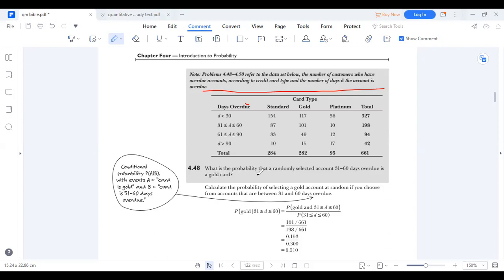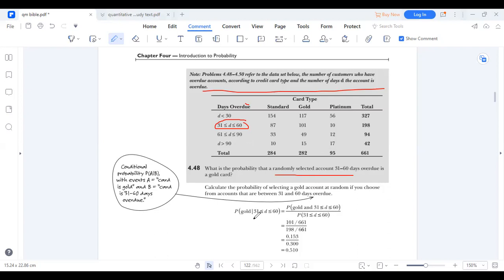So here, what is the probability that a randomly selected account 30 to 60 days overdue is a gold card? So you have to go for this range, 30 to 60. It's a gold card, so it's the probability of gold in this interval of 31 to 60 over the probability of this interval.